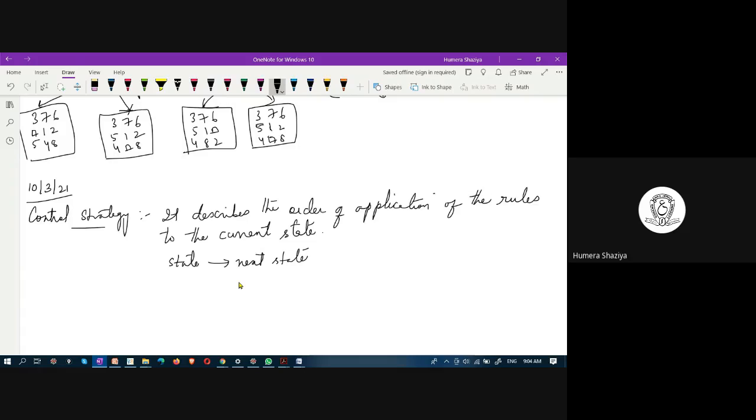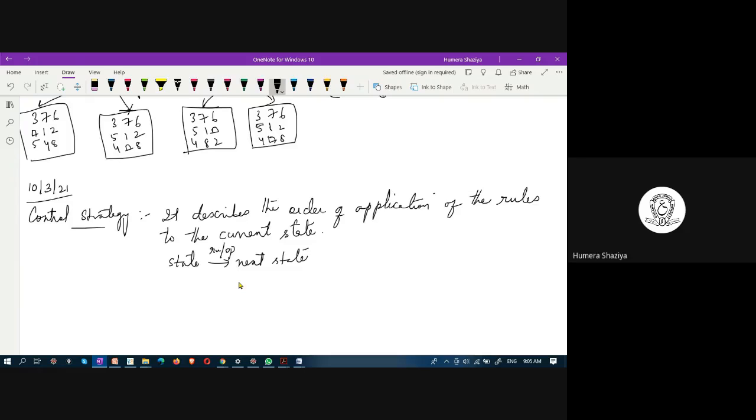Here, a rule has to be applied, or if you consider a state space search method, an operator has to be applied. If you apply a rule or operator, the system would move from one state to another state. And it is very necessary because you want to reach the solution.